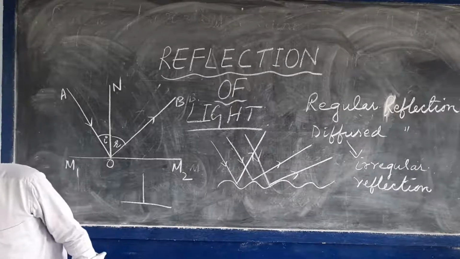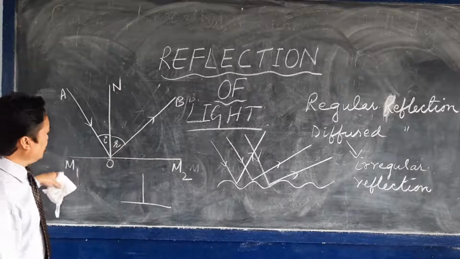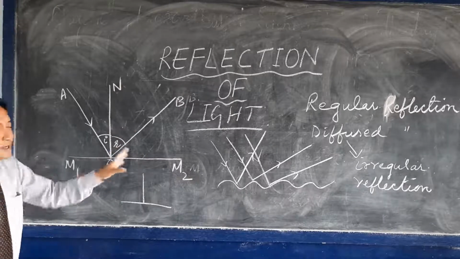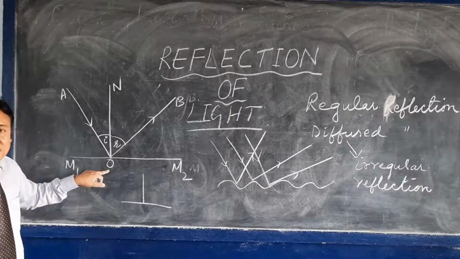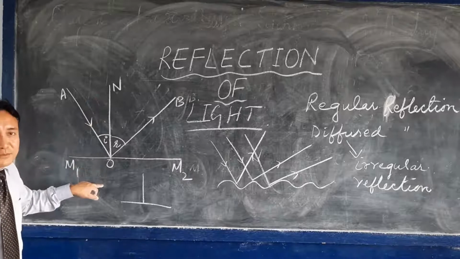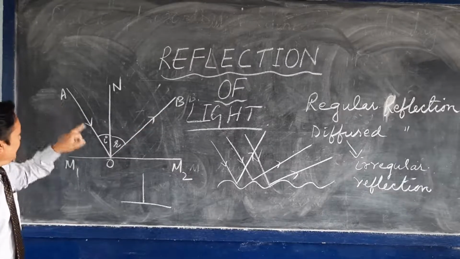Is it clear? Now let us come to this figure. From this figure you can understand here M1 M2 is the reflecting surface, O is the point of incidence, NO is the normal, AO is the incident ray, OB is the reflected ray.